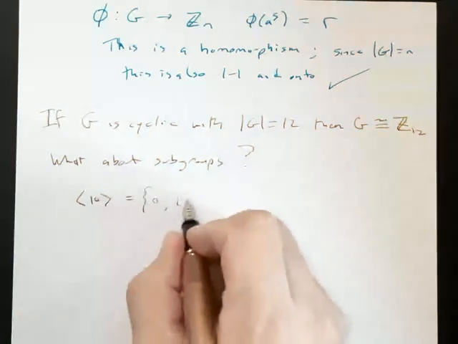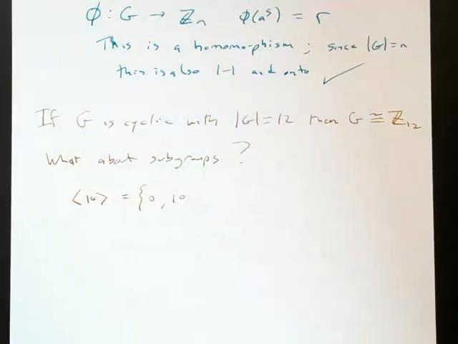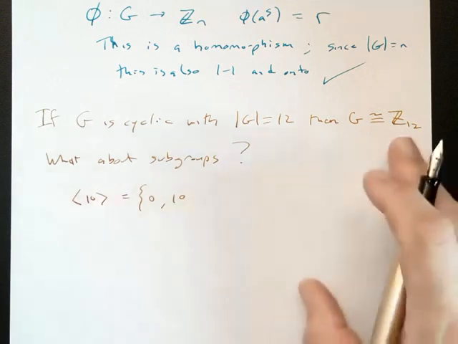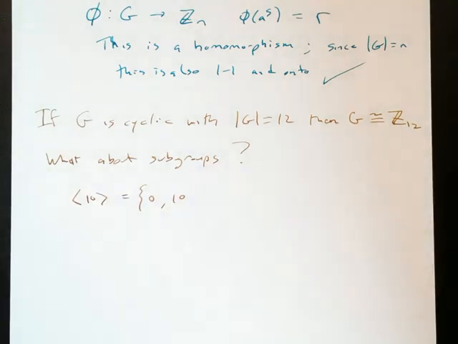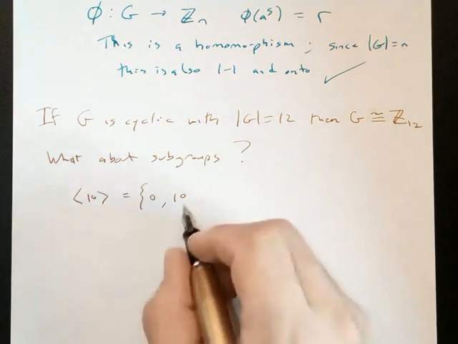Clearly, I'm going to have 0 and I'm going to have 10. I have to have the identity. What's 10 plus 10, mod 12? Because I'm working in Z12. Divide 20 by 12, give me the remainder. 8.